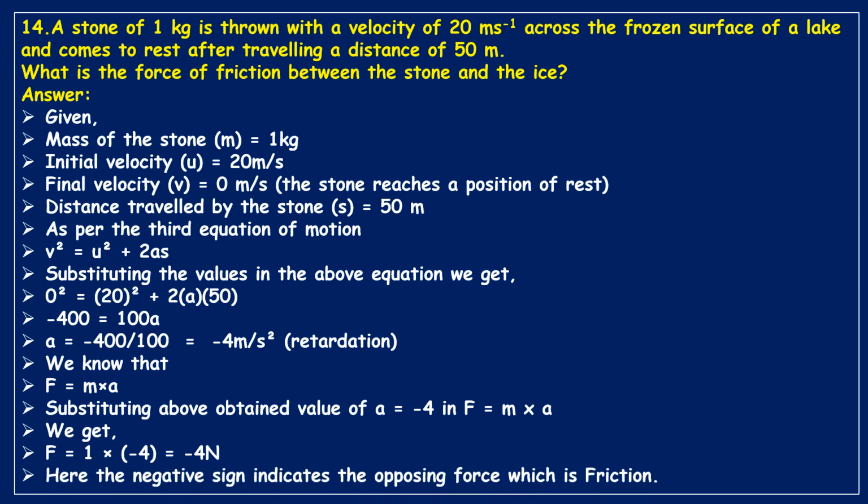Here the negative sign indicates the opposing force, which is the frictional force. So 4 newtons of friction force acts on a stone that is moving with 20 meters per second and covered 50 meters, right? That experiences a force of 4 newtons in the opposite direction.